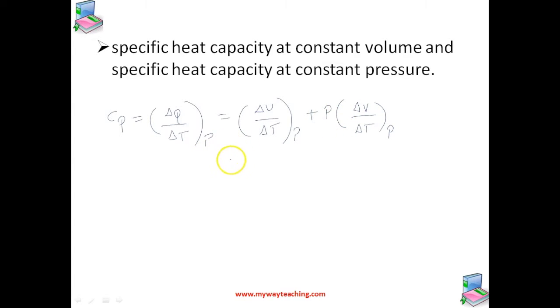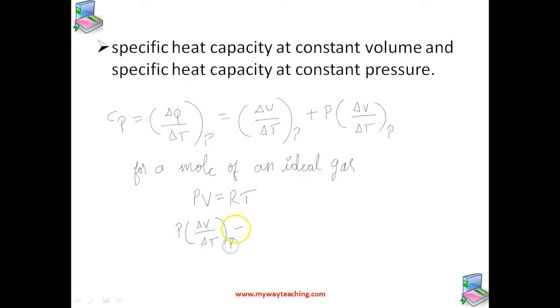So now for a mole of an ideal gas, PV is equal to RT, which gives P delta V by delta T at constant pressure is equal to R. So here it gives the relation.